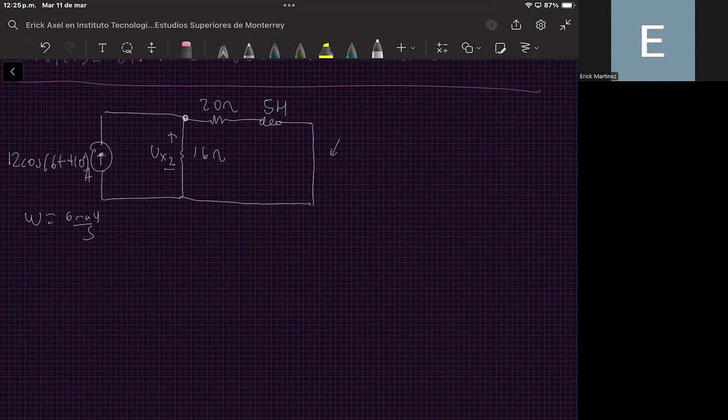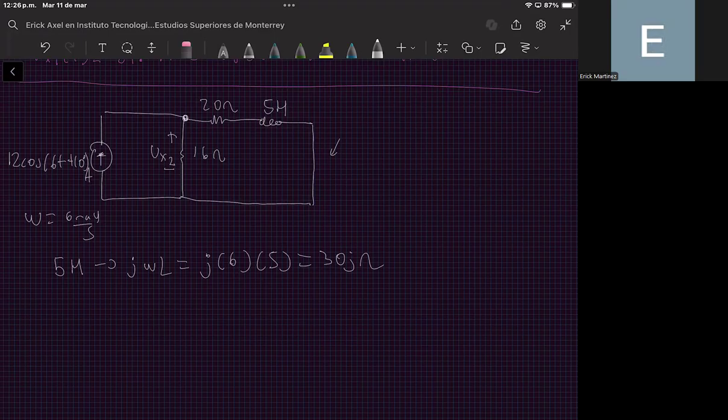The only impedance that will change is the impedance of the inductor, that is 5 henries, and that is j omega times L, which is j times 6 times 5, equal to 30j ohms.